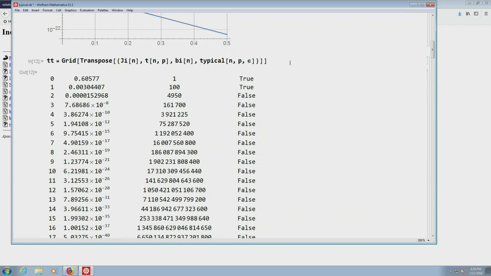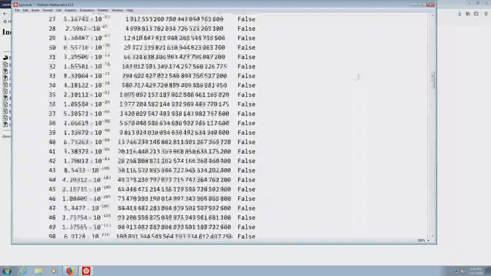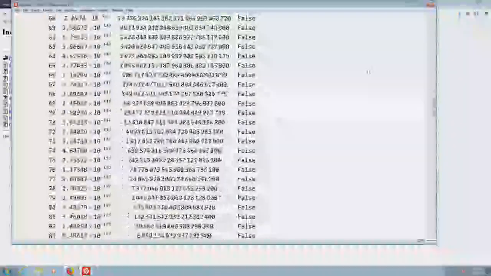Oh, look, there's true. You know, we probably need true, don't we? I don't think there's anything true down here. I'm not sure, but you know, 100 is a long ways down.